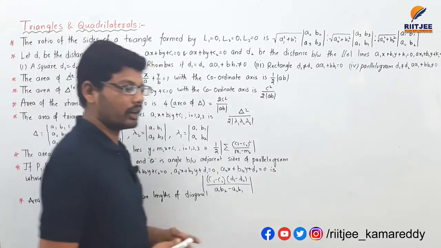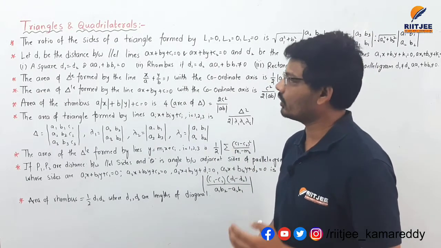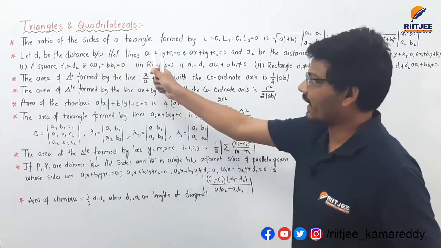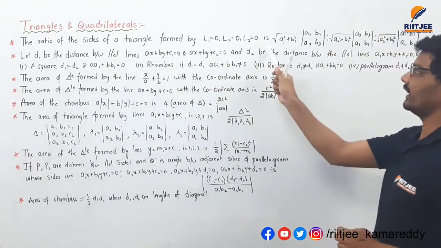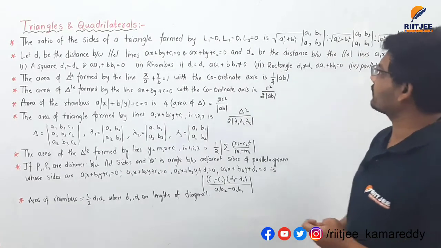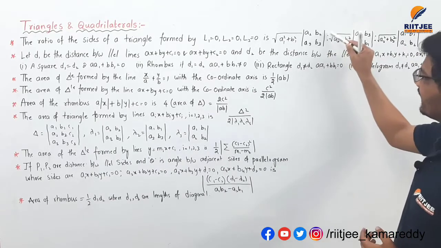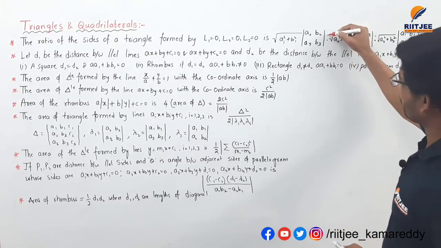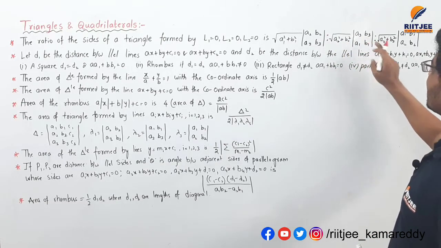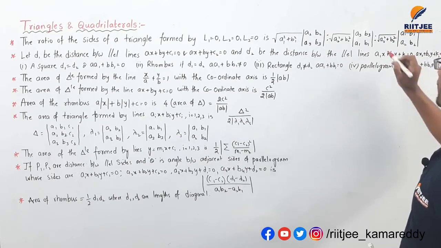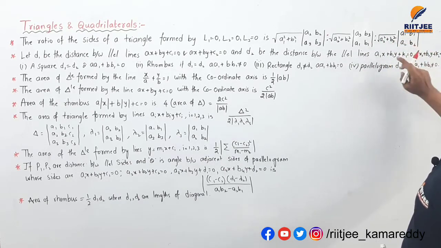The first point is the ratio of sides of a triangle formed by L1 = 0, L2 = 0, L3 = 0. It is square root of a1 square plus b1 square, modulus of the determinant a2 b2, a3 b3; then square root of a2 square plus b2 square, modulus of a3 b3, a1 b1; and square root of a3 square plus b3 square, modulus of a1 b1, a2 b2.